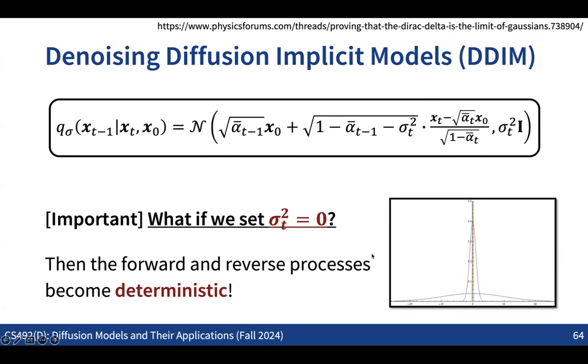That is the way we can make the reverse process not a stochastic process, but a deterministic process. So if we define the distribution in this way, we can make the reverse process deterministic. Let's get into some more details here.